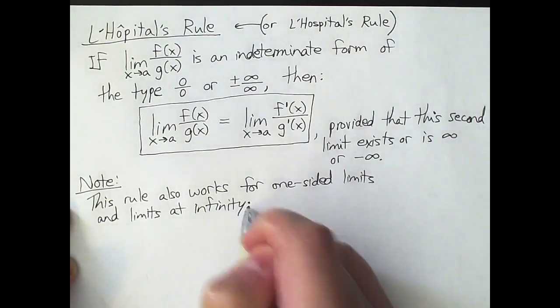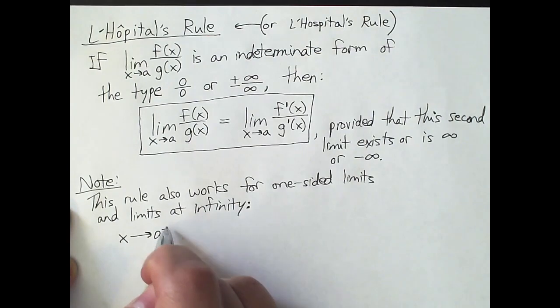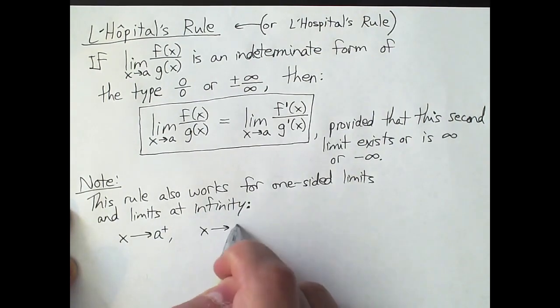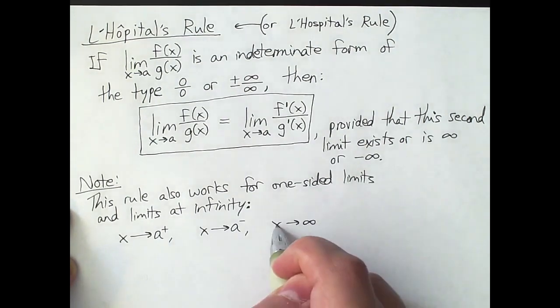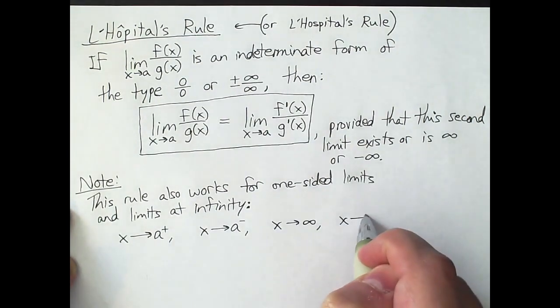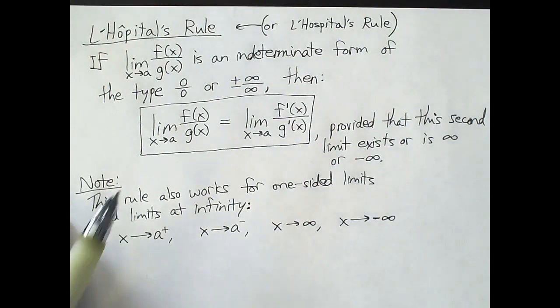And I guess what I'm saying now is it also works if x is approaching a with a little plus sign, if x is approaching a with a little minus sign, if x is approaching infinity, and if x is approaching negative infinity. The same formula, just change x approaches a.